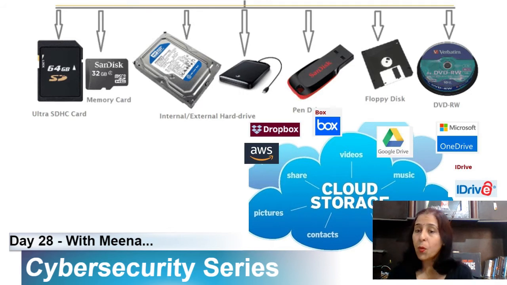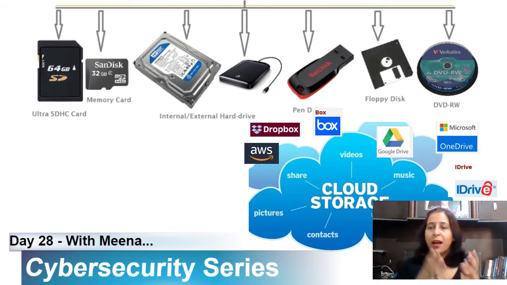There are so many cloud storage providers which are providing facilities to store data on the cloud, like AWS, Dropbox, iDrive, OneDrive, Google Drive. There are many. So we are storing our data in different ways and different formats.